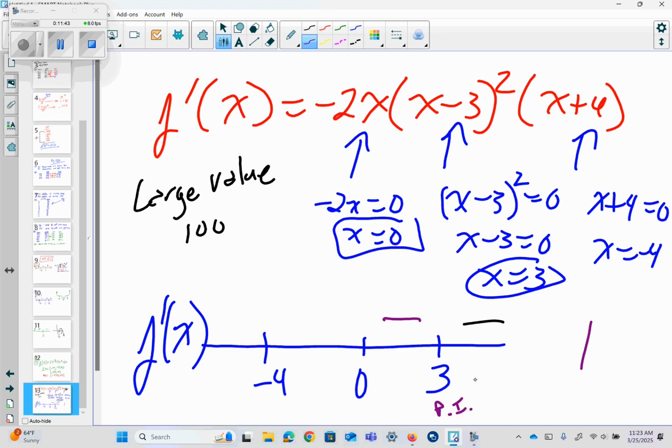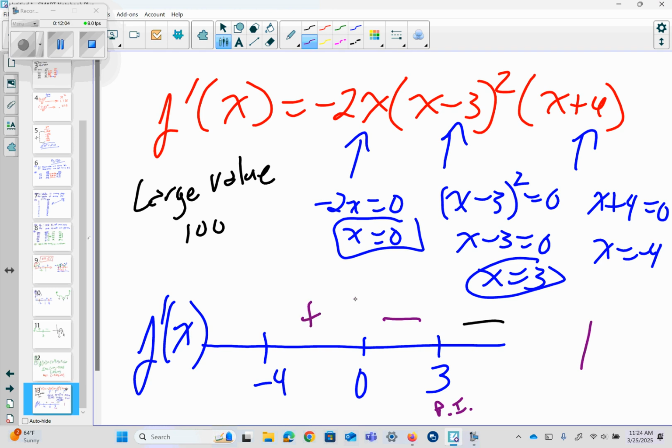And then if I plug, say, -1 into this, if I plug -1 into the middle part, that's going to be positive. If I plug -1 in here, that's positive. If I plug -1 in here, that becomes positive. So 3 positives in a row multiplied together gives me a positive.